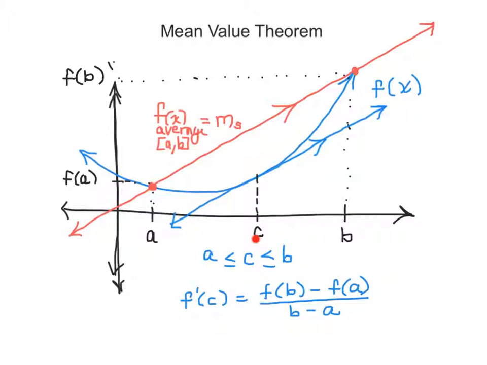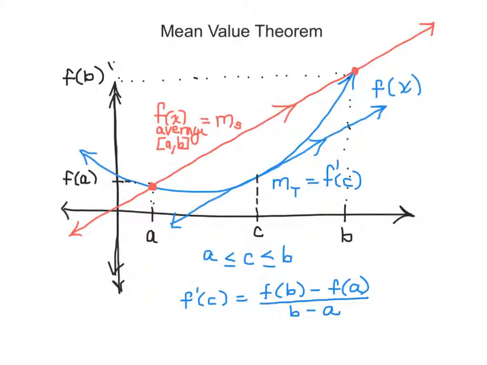So this is the c that's between a and b, such that f prime of c, the derivative at x equals c, is equal to the average value of the function from a to b. That is what the mean value theorem means. And we can see that the slope of the blue line is the slope of the tangent line, which happens to be equal to f prime of c, the derivative at c.